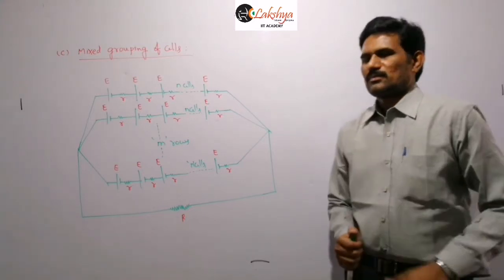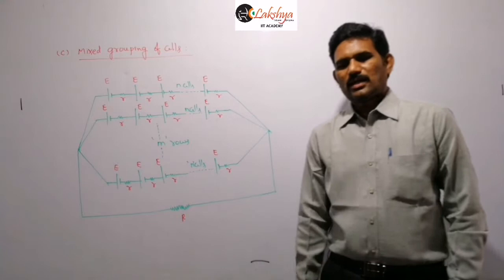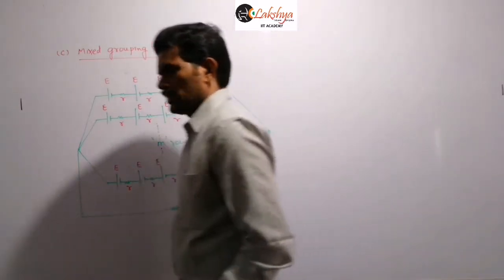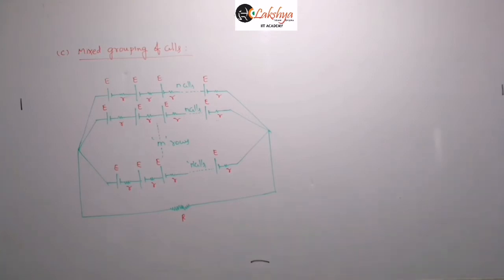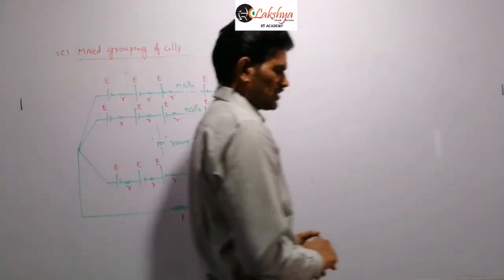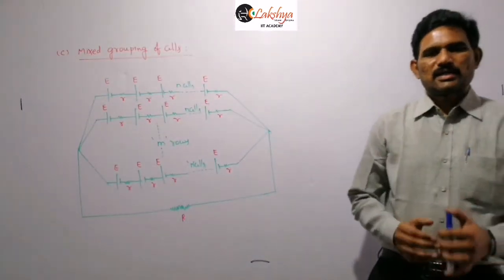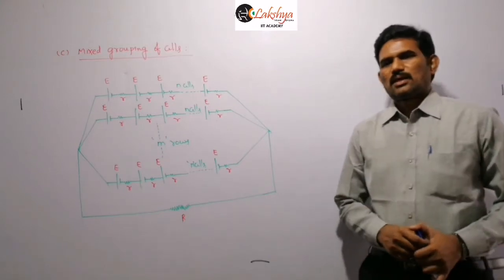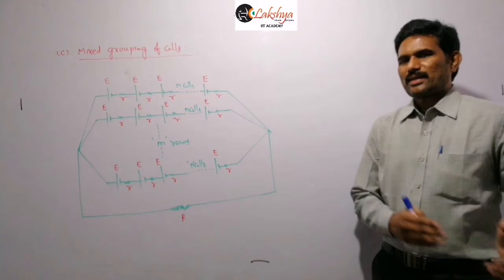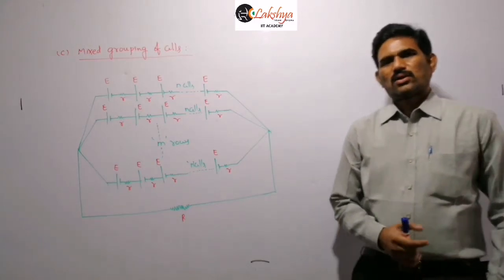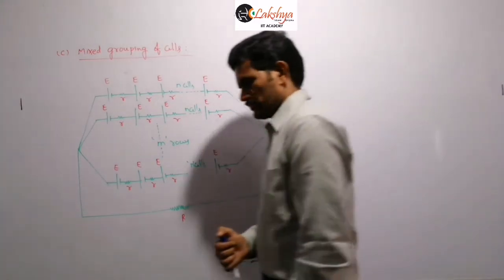Consider n identical cells, each of EMF E and internal resistance small r, connected in series in a row.